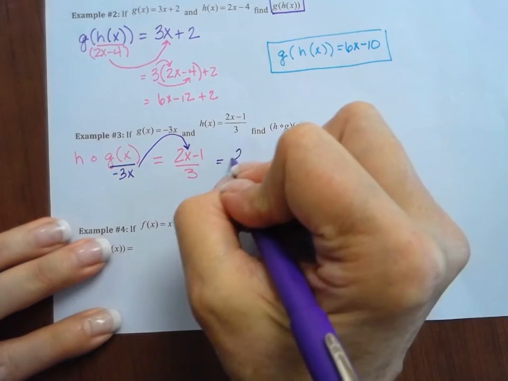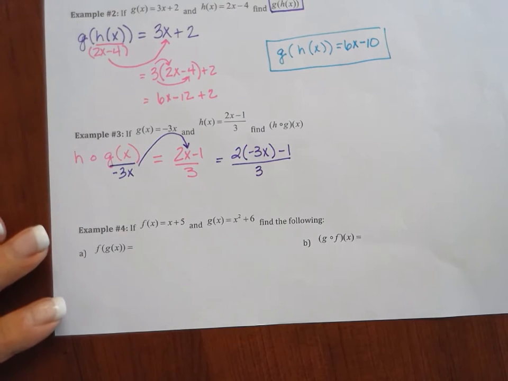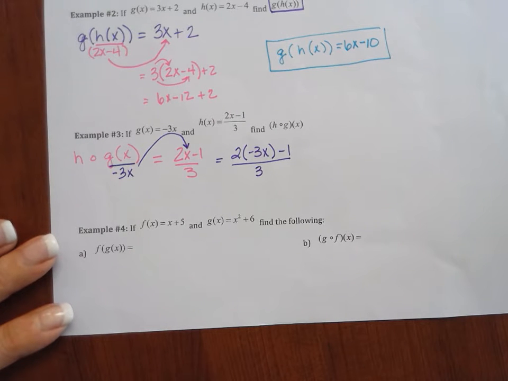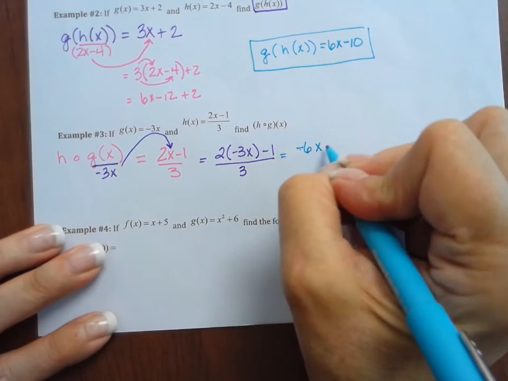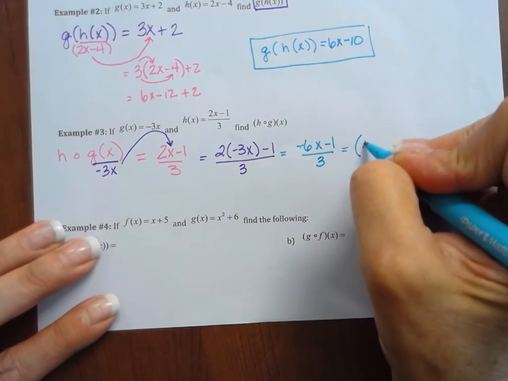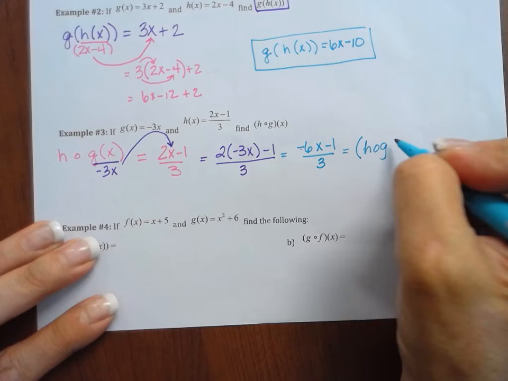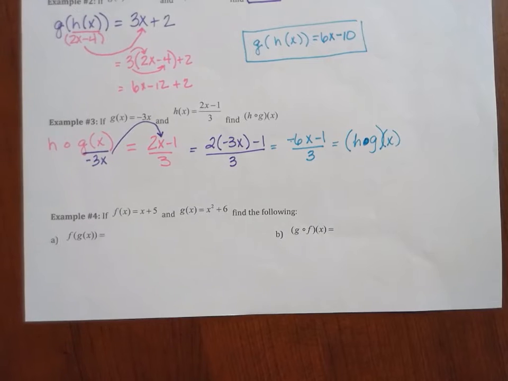So I get 2 times negative 3x minus 1 over 3. Which means when I simplify, I get negative 6x minus 1 divided by 3. Which is my h of g, looks like hog though, but small h, small o. Good? All right, let's do 2 more.